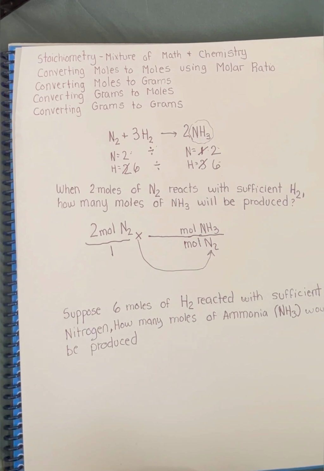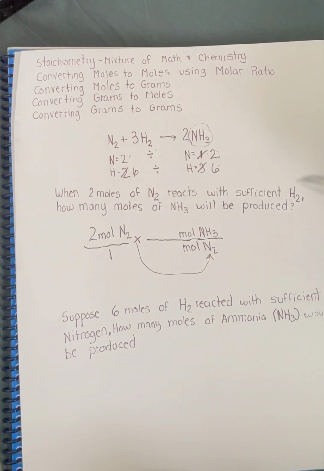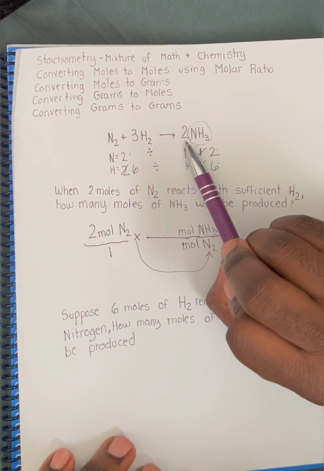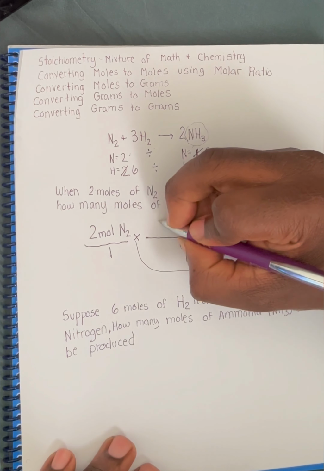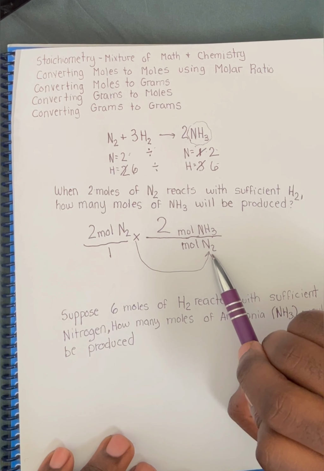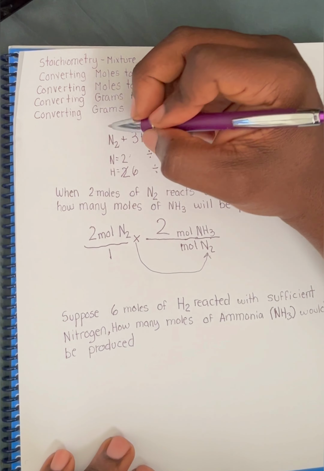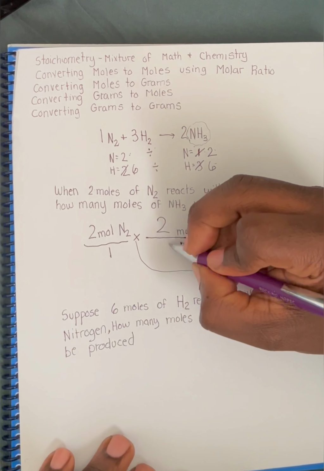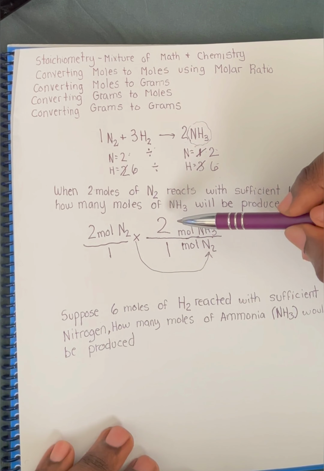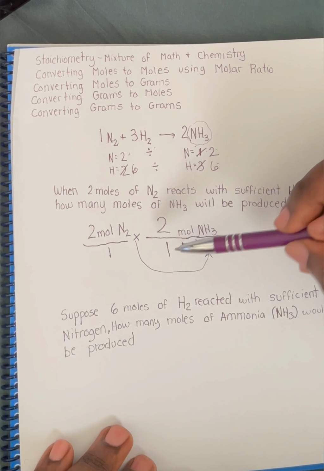The molar ratio is the coefficients that are in front of the elements. So we look at NH3, what's in front of the NH3? 2. So we're gonna put a 2 right here. Now we find N2. Since there's nothing there, you're gonna say it's 1. So for N2, I'm gonna put a 1. That's the molar ratio. 2 to 1. The molar ratio is 2 to 1.